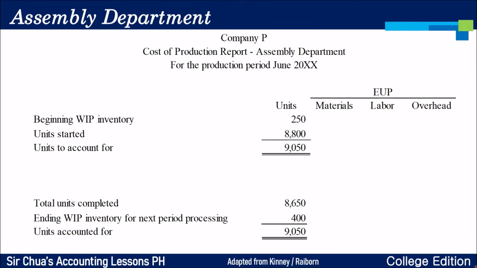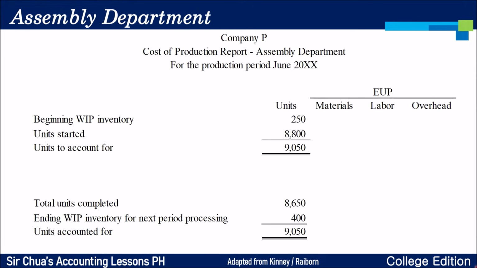However, we need to look at the breakdown. Diyan po sa 8,650 units na yan, ilang units ang galing sa beginning work in process inventory ang natapos na, at dun sa inumpisahan na natin nung period na to, ilan po yung natapos.